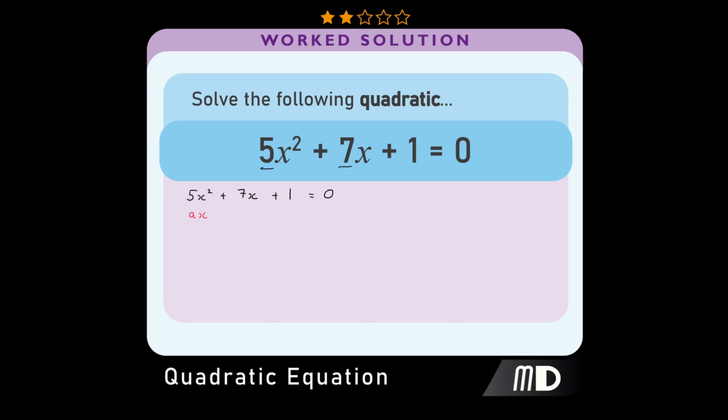Comparing this to the general quadratic form, ax squared plus bx plus c, gives us a value of a equal to 5, b equal to 7, and c equal to 1.